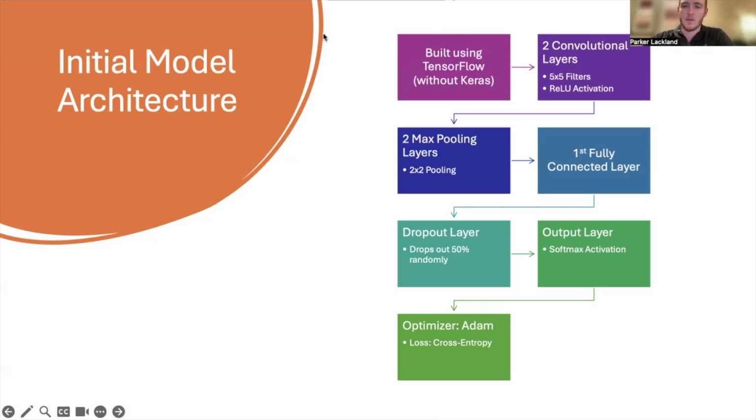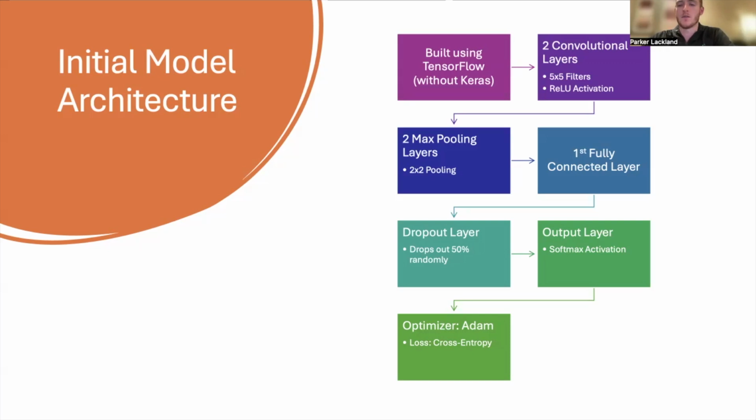There were two convolutional layers used with 5 by 5 filters and ReLU activation. We'll go more into depth about that a little later. There were two max pooling layers used as well that used 2 by 2 pooling to help reduce some of the spatial size of the matrices that we would be performing computations on.